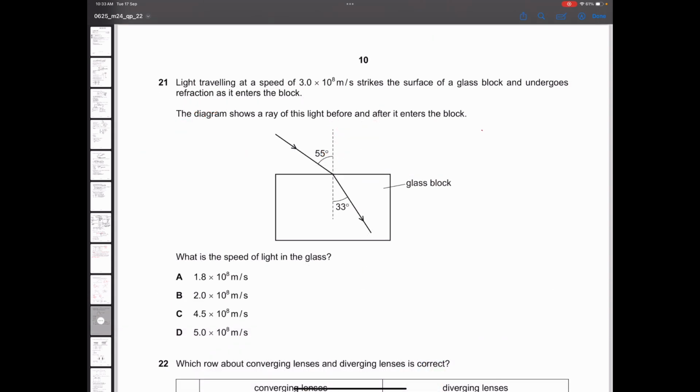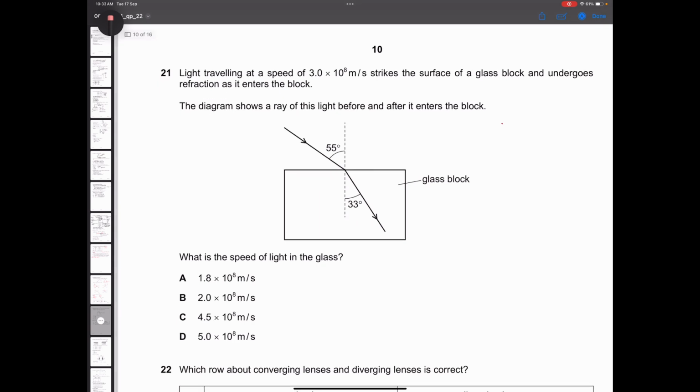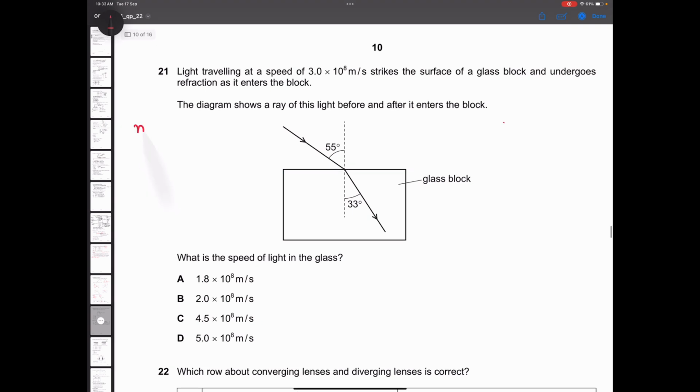Now, starting with question 21, they have mentioned that the speed of light in air is 3 times 10 to the power 8 and then it enters the glass block. What is the speed of light in glass? For this, multiple methods are out there, and I'll tell you all the methods. First of all, we apply Snell's law, which is n1 sin i equals n2 sin r.